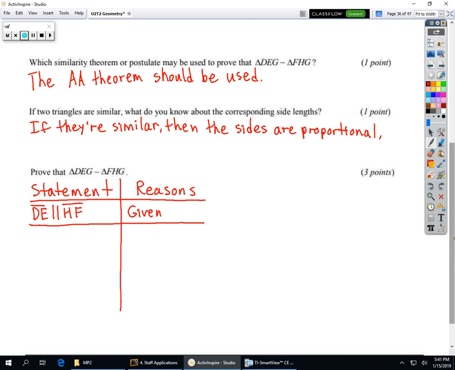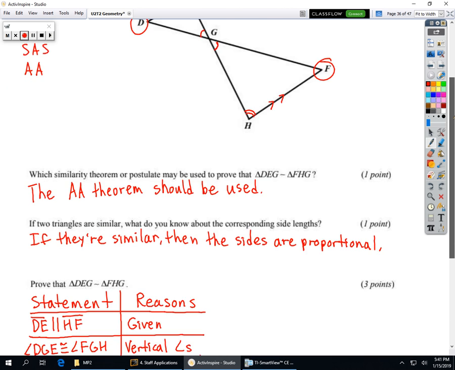So be careful with the naming. Angle DGE is congruent to angle FGH, and these are because these angles are vertical. We're just going to call this vertical angles. Afterward, what's next?